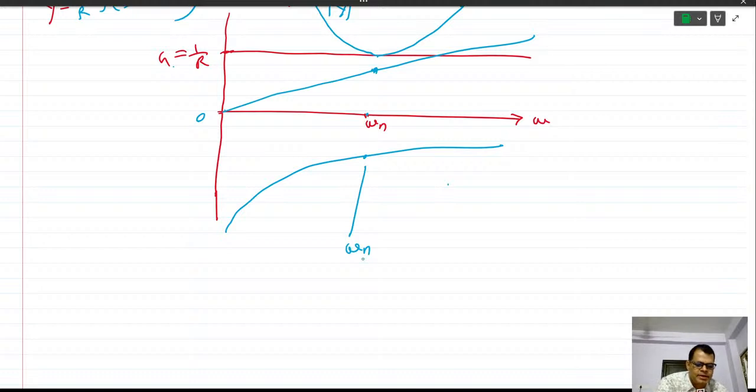At omega n, that is at resonance, both voltage and current are in phase.